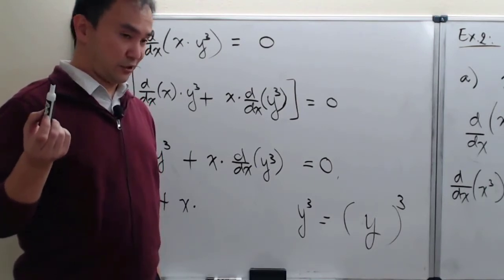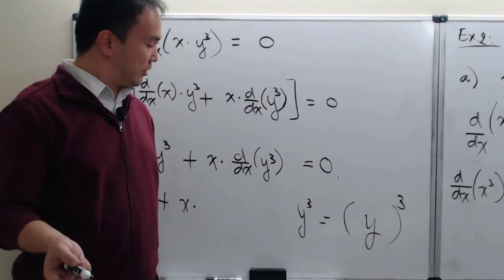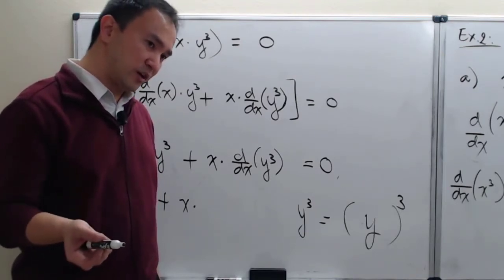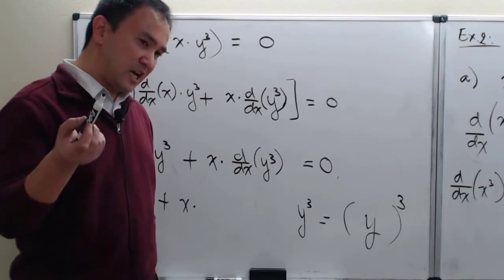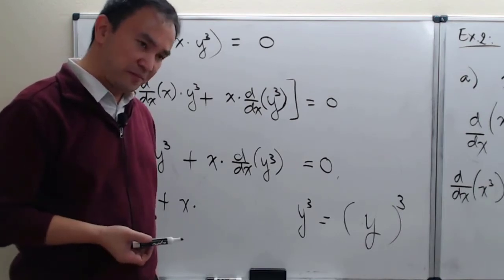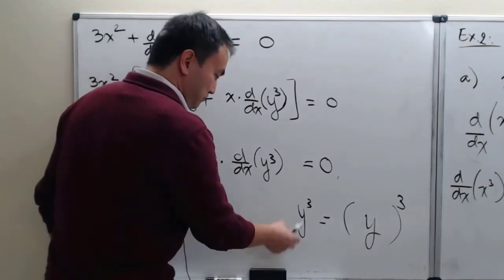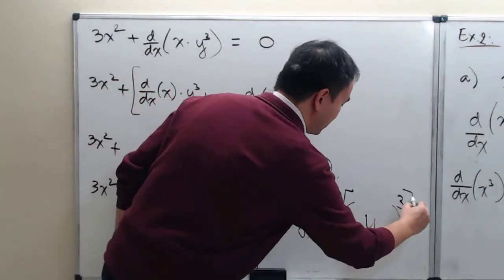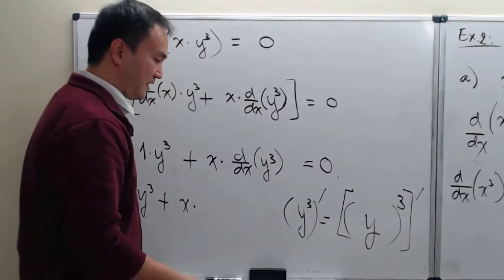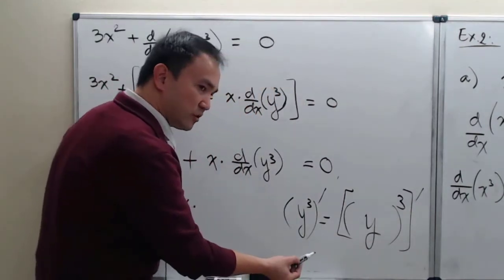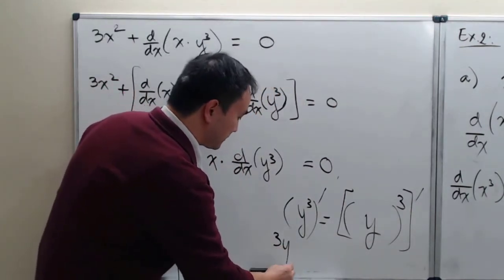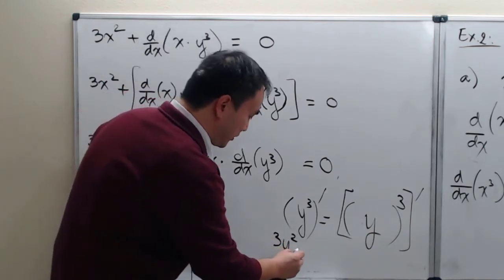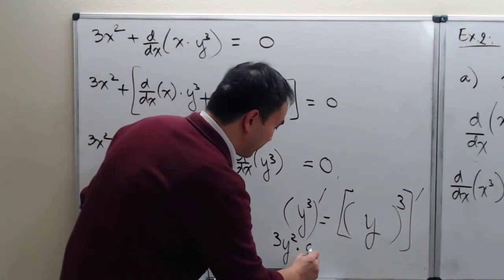So it's extremely crucial that you master your understanding of how to operate with the chain rule in order to find the derivative anytime your function involves an inside and an outside. Now, taking the derivative in terms of x, of course, the chain rule says the derivative of the outside gives me 3 times y squared. But the chain rule says I have to multiply by the derivative of the inside.